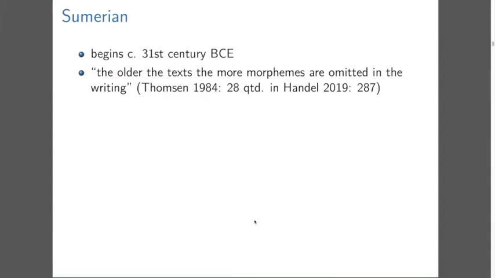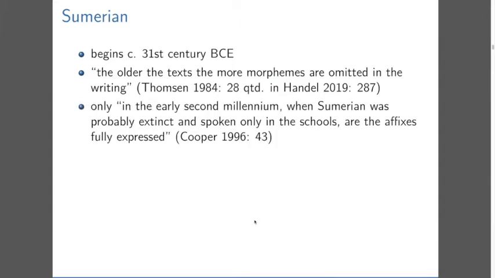But it's only in the early second millennium, when Sumerian was probably already extinct and only spoken in schools, that all of the affixes are fully expressed.